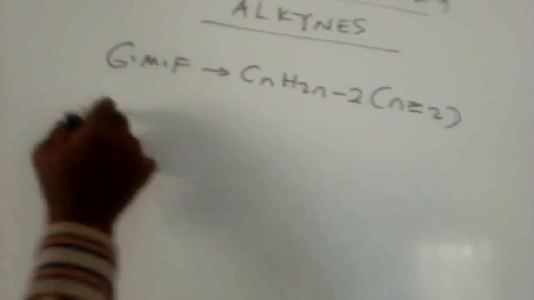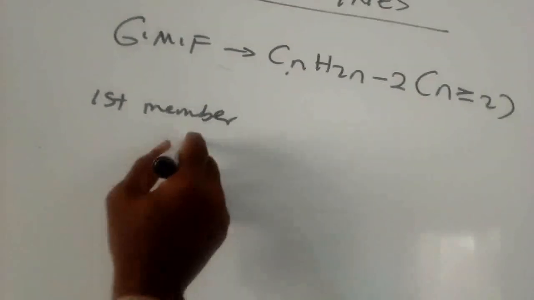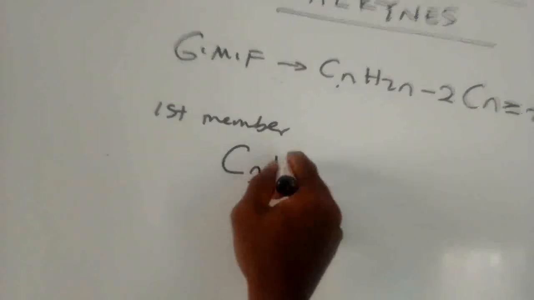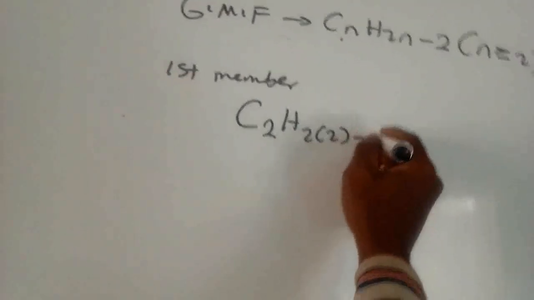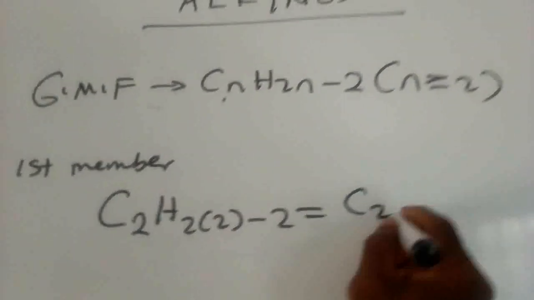For the first member of the alkyne family, what would I do? I replace n with 2: C2H(2 times 2 minus 2), so that gives us C2H2, that is 4 minus 2.